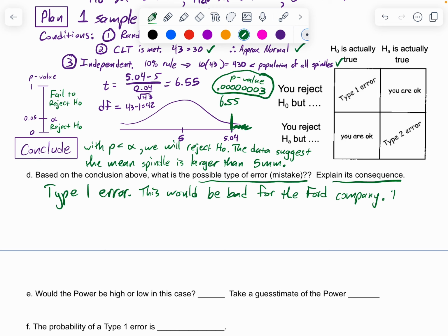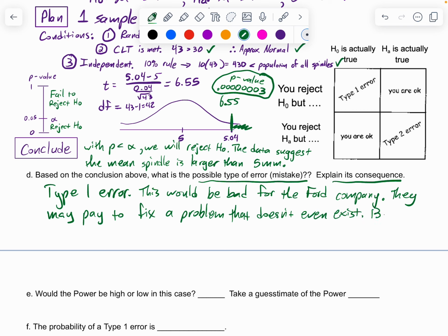Let's say, they may pay to fix a problem that doesn't even exist. Let's just leave it at that. Or the publicity would be bad. You could say that too. Bad publicity when it leaks.